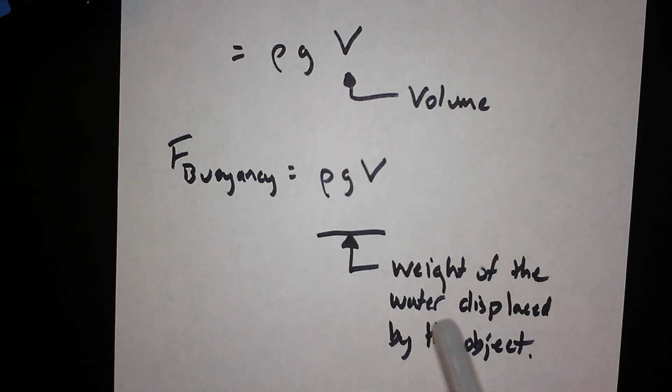What do I mean by that? Well, if we take that object and submerge it in the water, it's going to displace the water, or the fluid in this case. It's going to move the fluid. The fluid can't take up the same space. So if we know how much water was displaced, we know the buoyancy force.